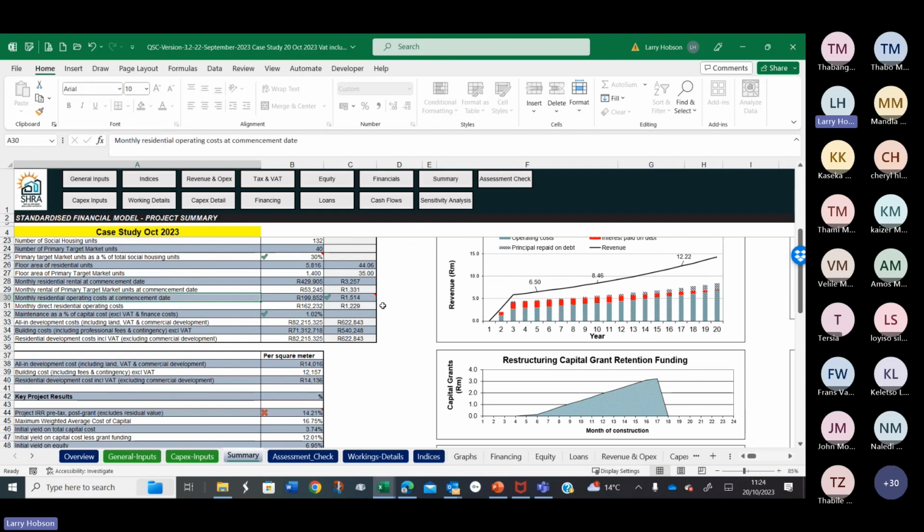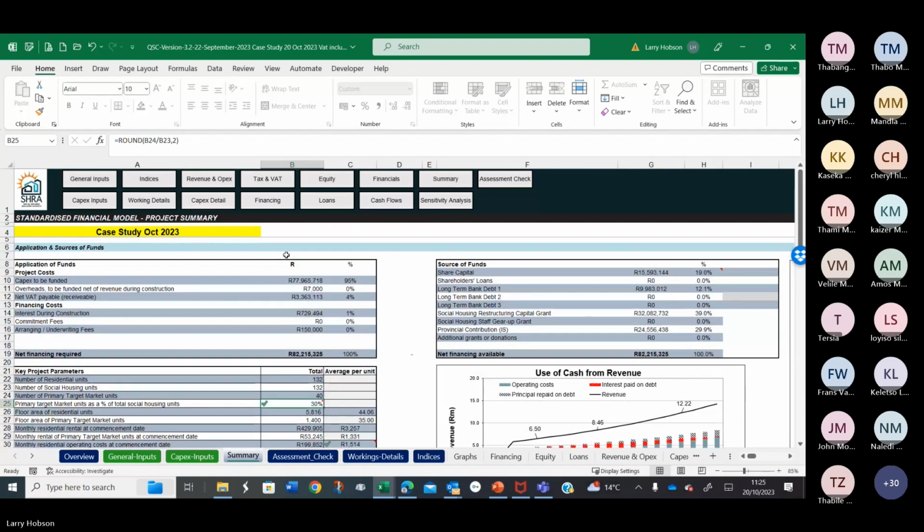Our monthly residential operating costs is within the desired area, so it must be above 1,300, preferably 1,600 or below, and we fit into that very nicely. Our primary target market, we meet the 30% requirement, so that's all good. We've got nothing red here.